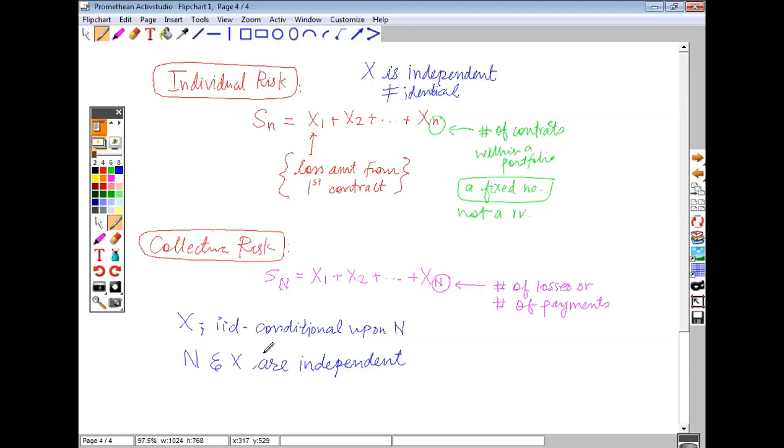Just to give you a perspective, an individual risk can also be classified as a collective risk, but only if they satisfy certain conditions. When I say this n is known to me here, and here I do not know the n, only if this is identical as well might you classify this as collective risk.